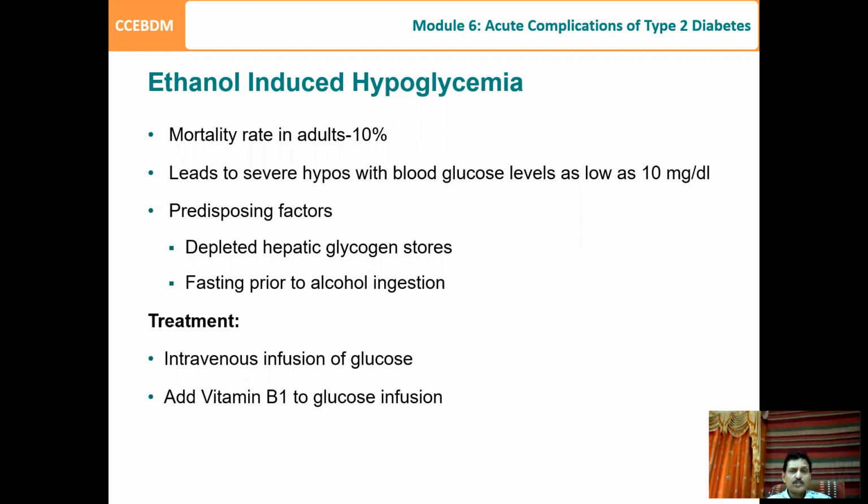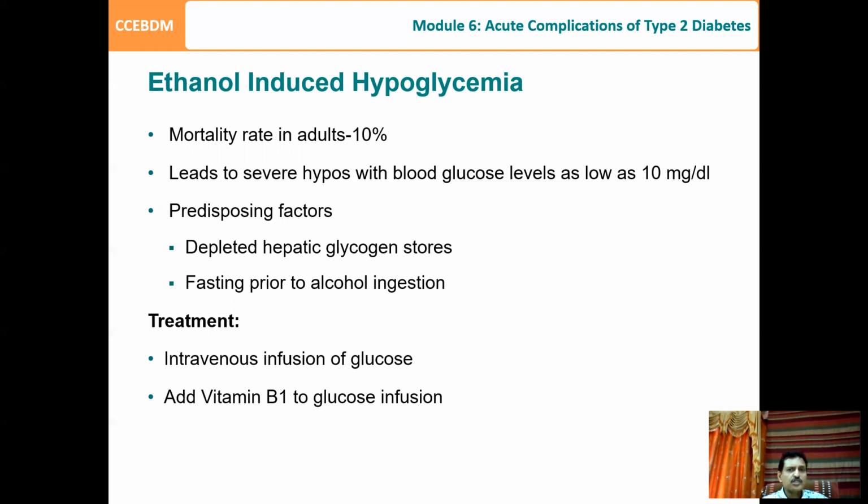The mortality with ethanol-induced hypoglycemia is quite high, 10%, and it can produce a very low blood glucose level, often precipitated by low hepatic glycogen stores. Say a patient is a chronic alcoholic, and because the liver is damaged by chronic alcohol consumption, there may be cirrhosis.